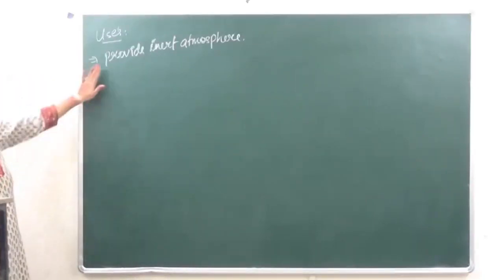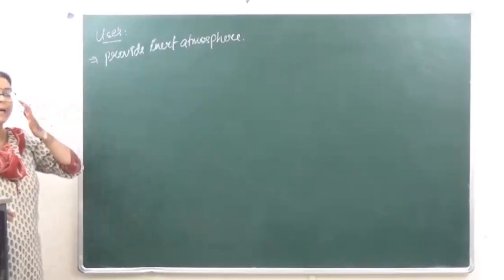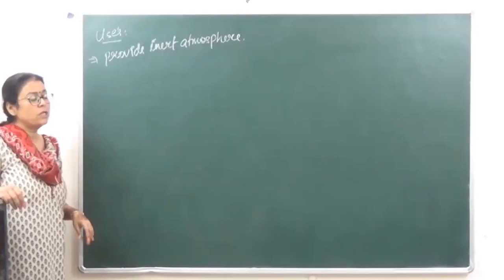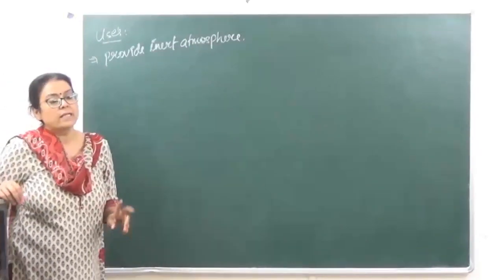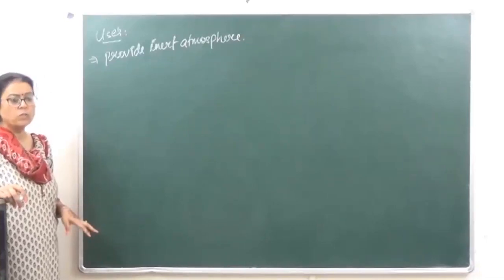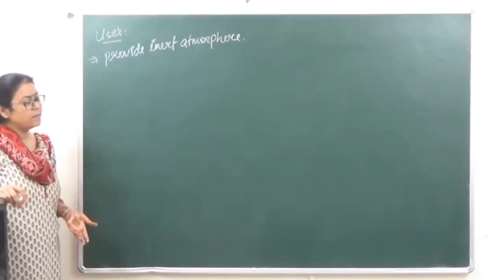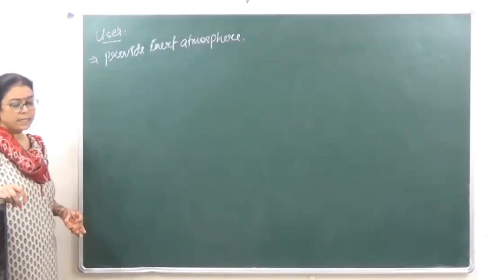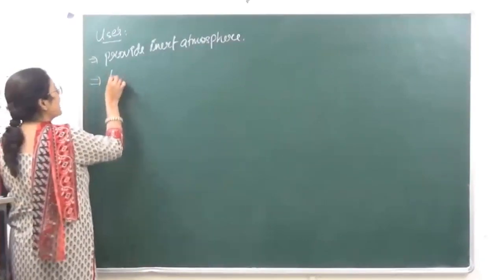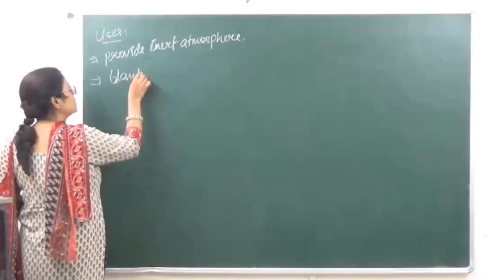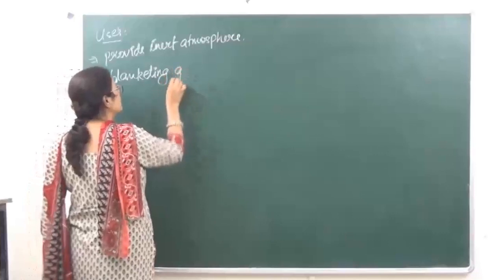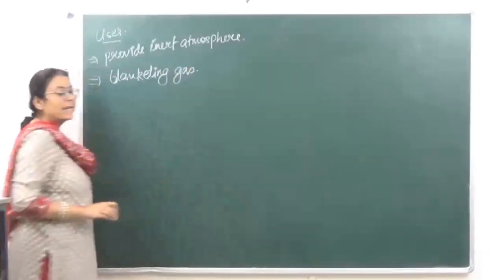Now this inert atmosphere, again and again I am telling that the inert atmosphere is due to non-reactivity of nitrogen. Why? Because nitrogen has a high bond dissociation energy of the order of 942 kilojoules and hence the bond between them cannot be easily broken. ठीक है? Second जो है, it is used as a blanketing gas.